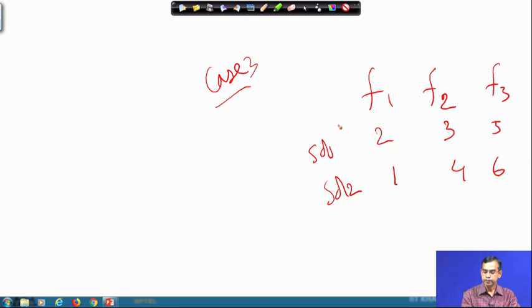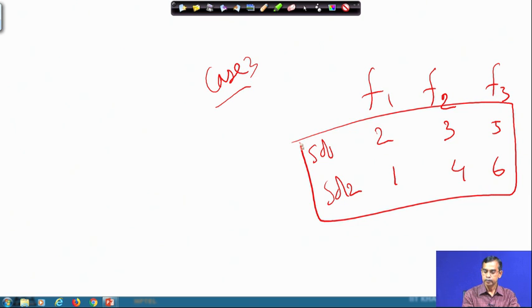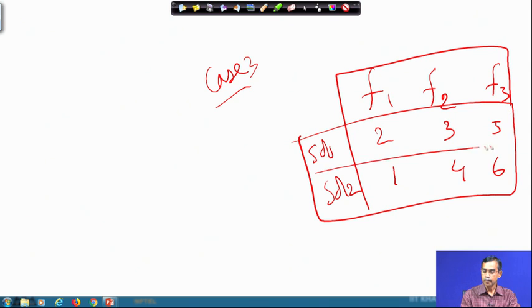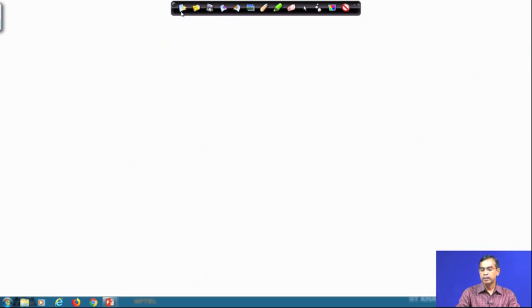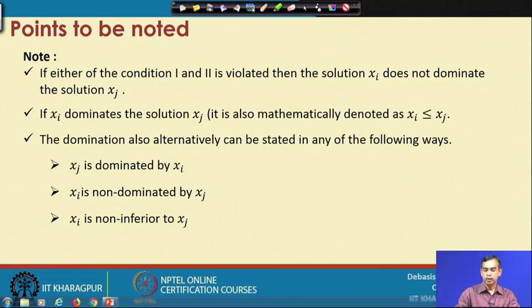Here, solution 2 is better with respect to f1, however it is worse with respect to both f2 and f3. So neither solution dominates the other: solution 1 does not dominate solution 2, and solution 2 does not dominate solution 1. This example helps in understanding the concept of dominance.